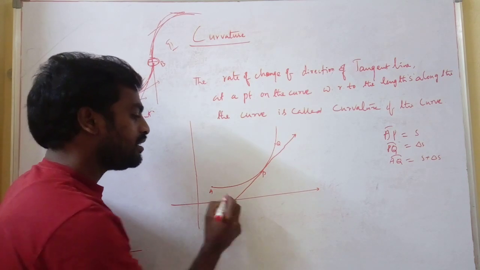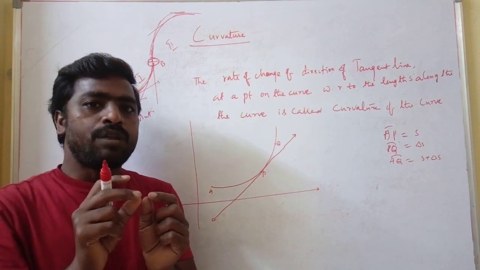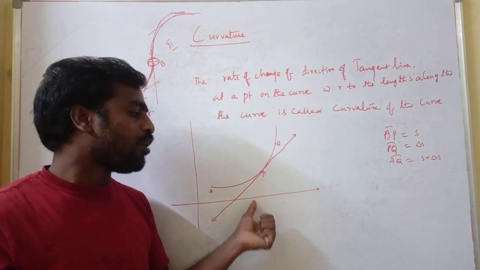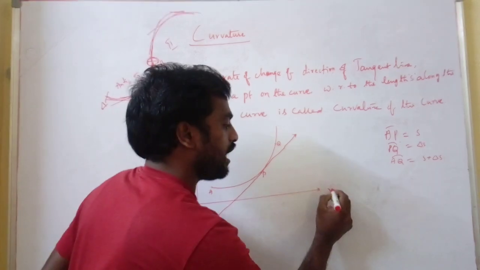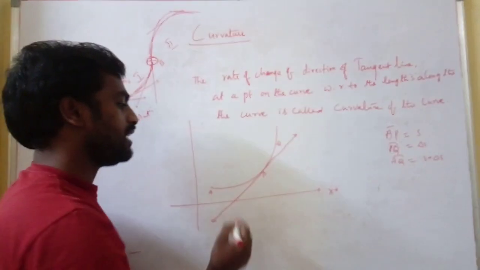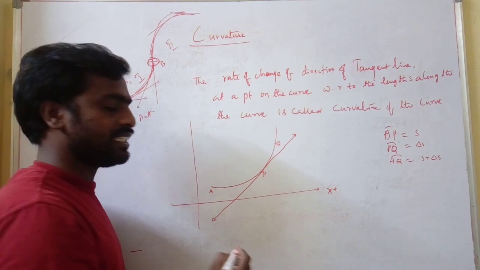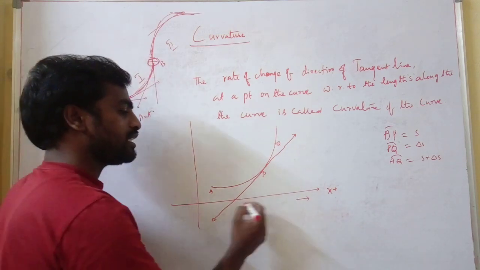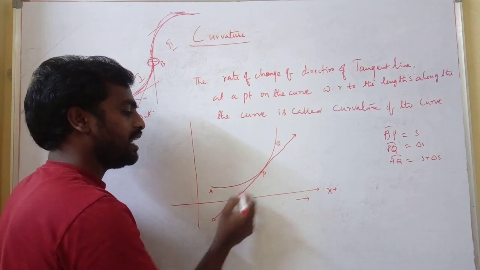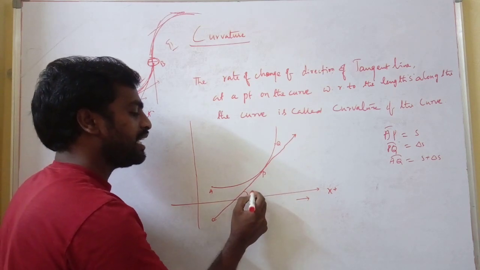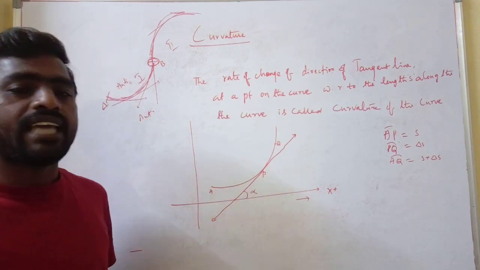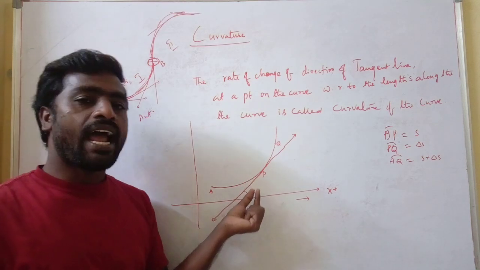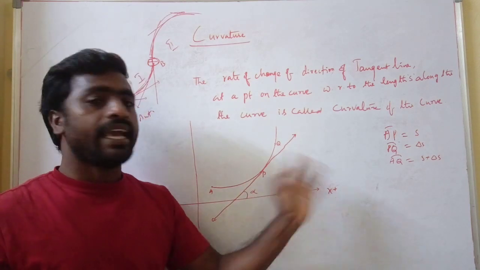At that point, the tangent line and the positive direction of the x-axis, that means the right side, make an angle. That angle I am indicating with alpha. Alpha is the angle between the tangent line and the positive direction of the x-axis.